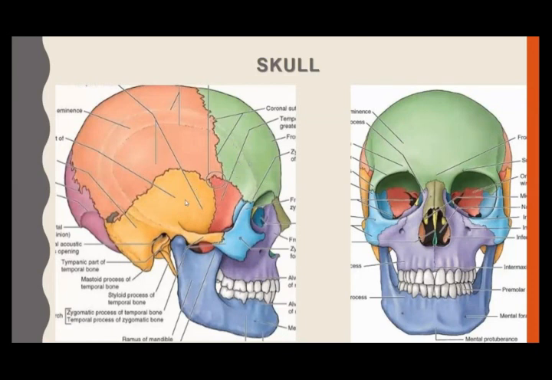The middle meningeal artery that supplies the meninges divides into two branches, anterior branch running like this, posterior branch running like this. So the anterior branch of the middle meningeal artery runs across like this. Any fracture at this site will damage the middle meningeal artery and vein.